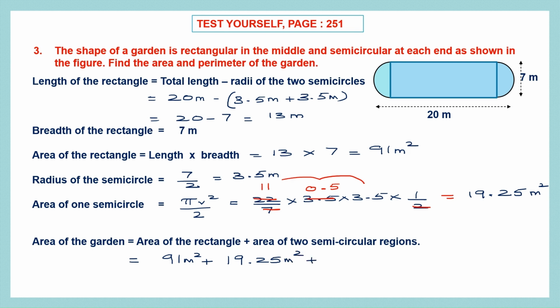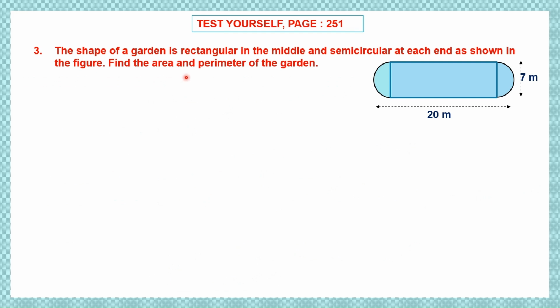Now we have to add one more, 19.25 meters square. When you add all this up, you get 129.5 meters square. So we have found the area of the garden. The area of the garden is 129.5 meter square.